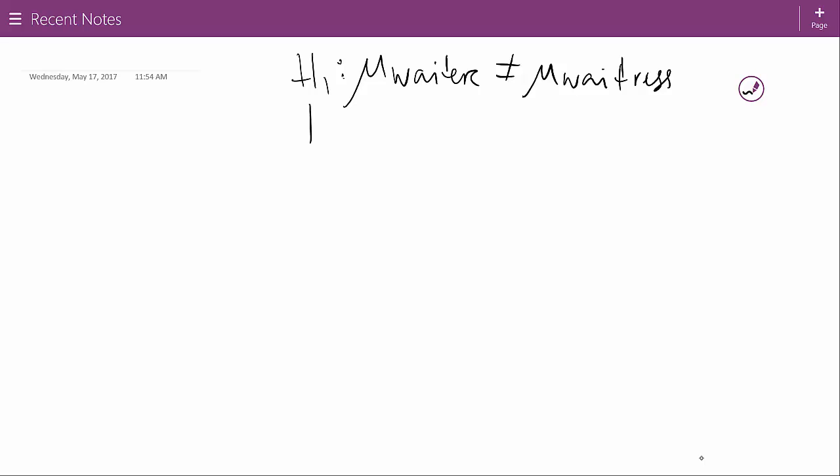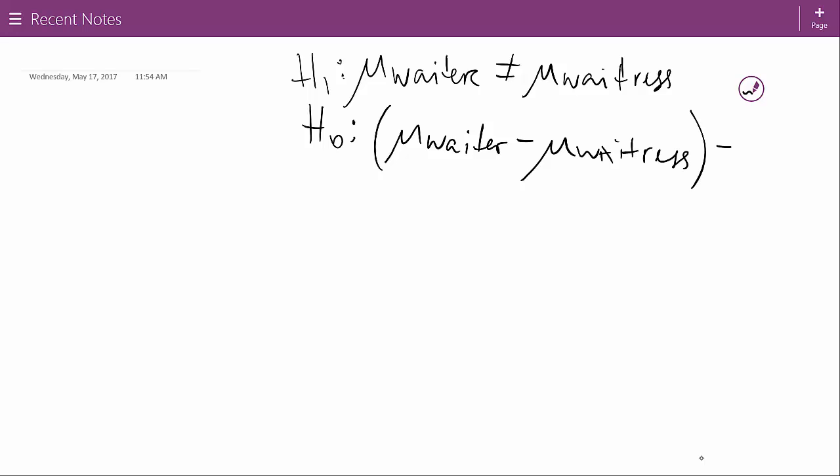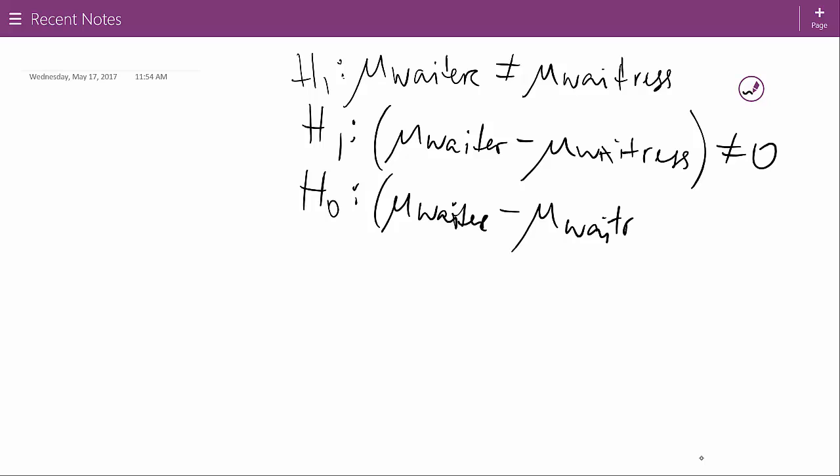And that translates into what? The average tip for the waiter minus the average tip for the waitress is not equal to 0. That's the alternative. And my null, therefore, is going to be that the average waiter tip minus the average waitress tip is equal to 0.